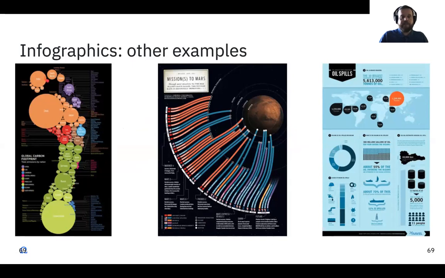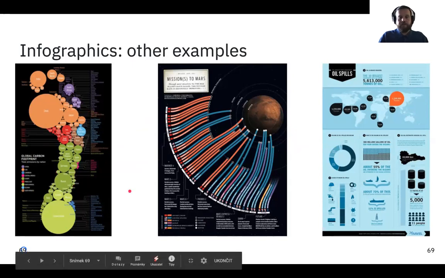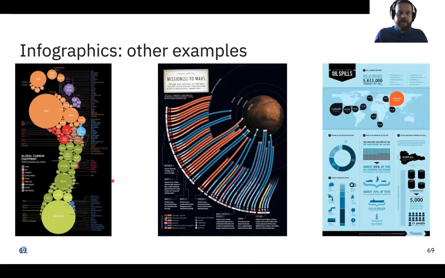So they convey the message of which countries should enhance their ecological game. There's also the example of emissions to Mars and the more dashboard-style infographics piece on oil spills.